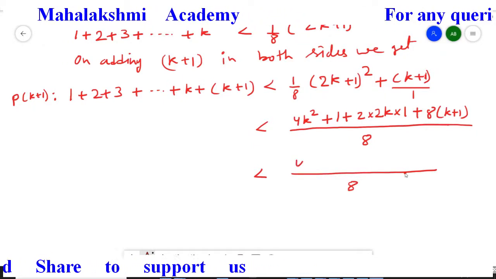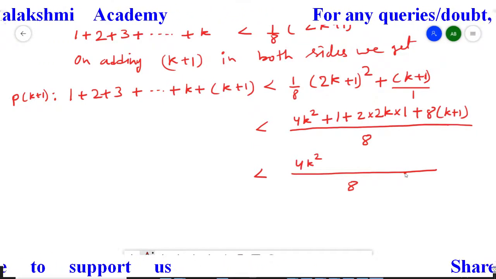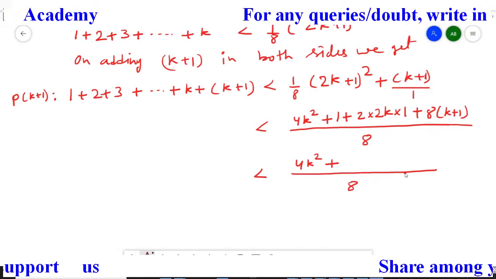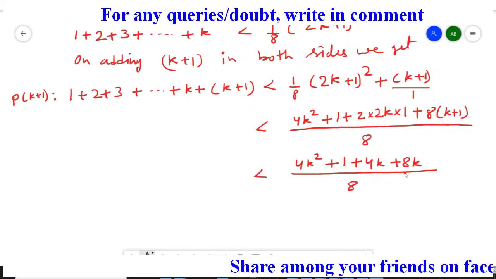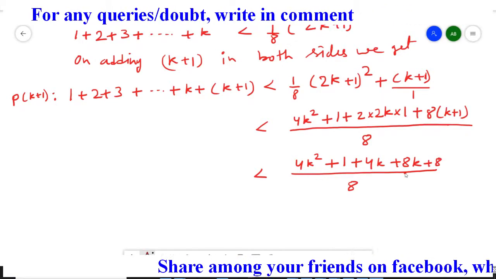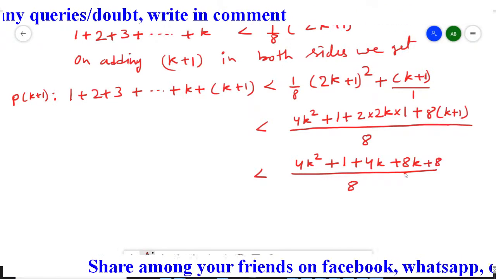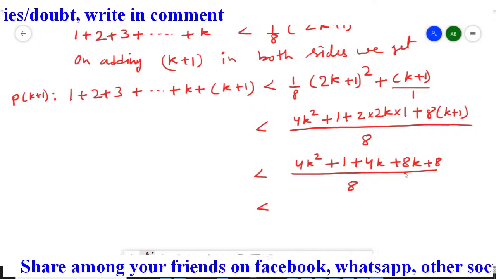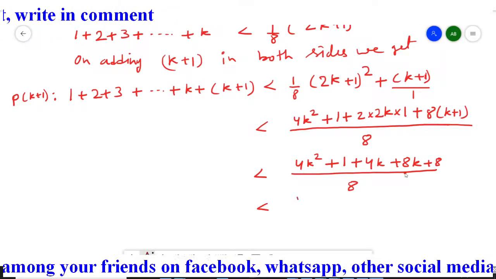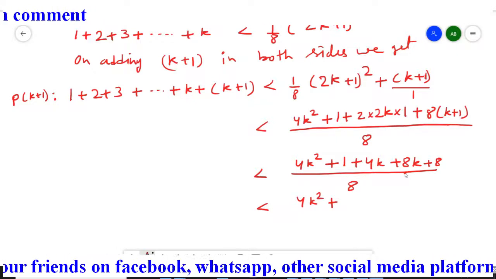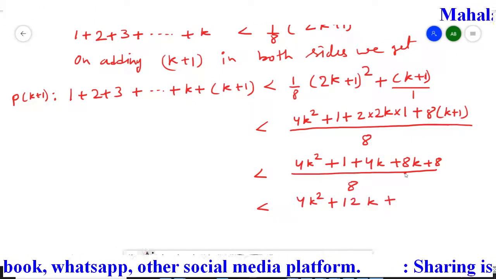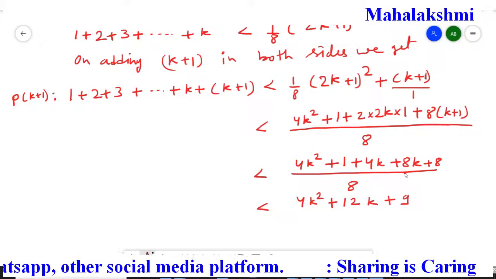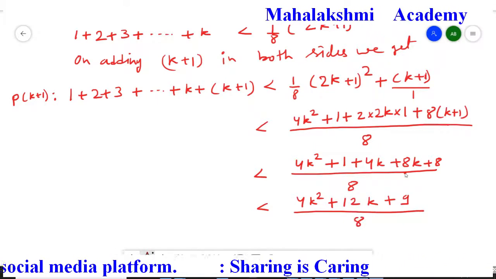8 as it is, then 4k square plus 1 plus 4k plus 8k plus 8. Now less than, further we have to simplify it. So 4k square plus 12k plus 9 upon 8.